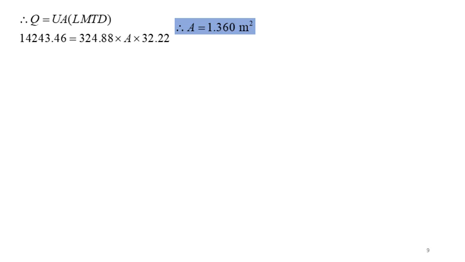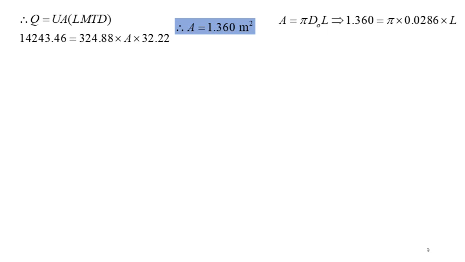Once you calculate the area, we know that A is equal to pi into D naught into L, because we substituted U naught. Please note that we calculated U naught for the outside surface. If you calculate Ui, then here you substitute Di.